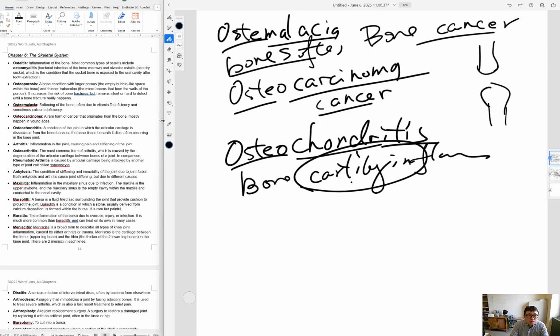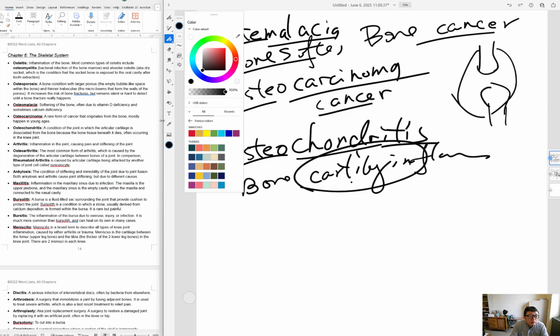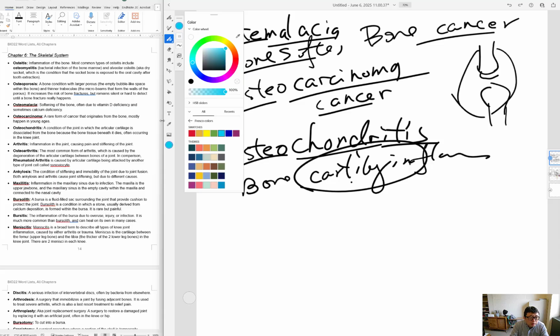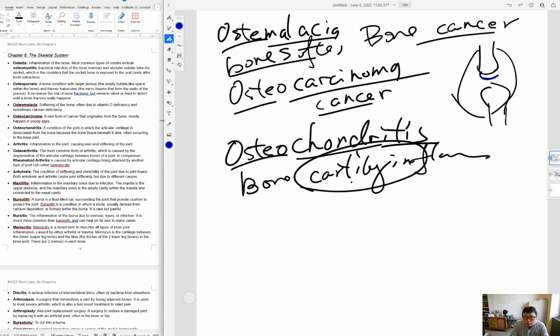So you have two bones. I think I mentioned this last time. Where two bones join together, they call it a joint. And on the surface of these two bones, the two bones never contact each other directly.